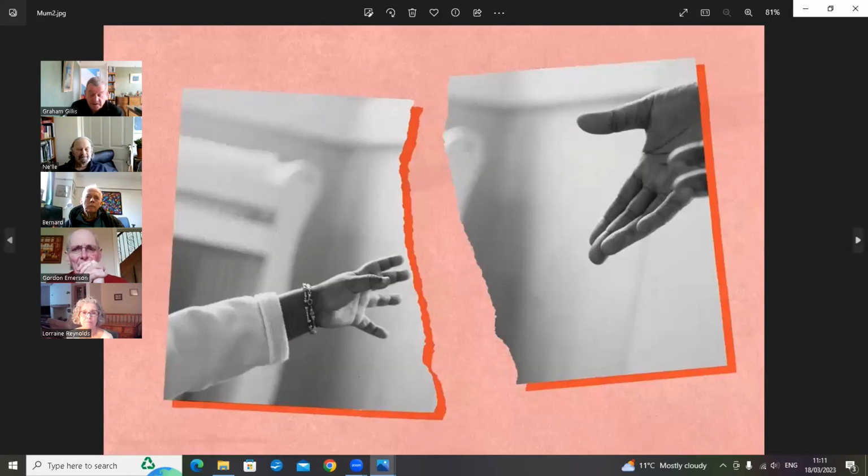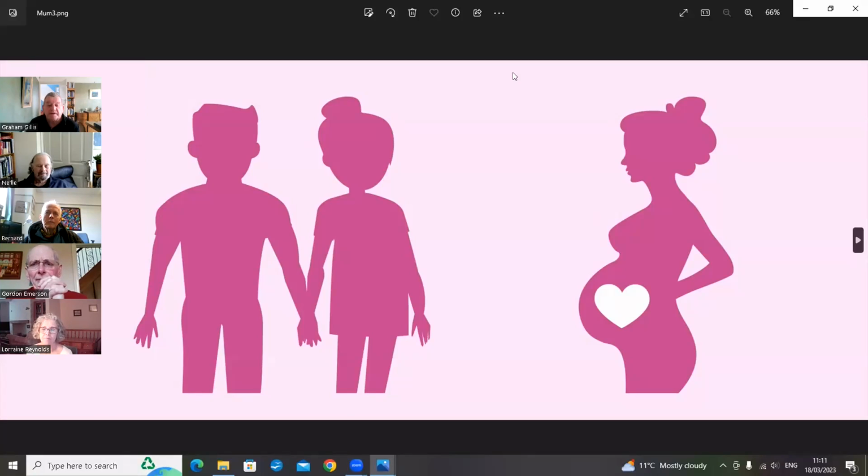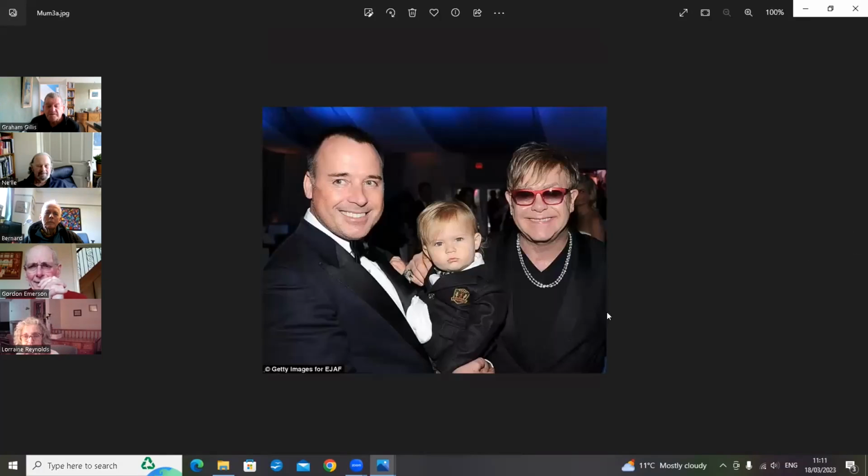Moving on. So, different kinds of motherhood. A biological mother speaks for itself. Surrogate, cute little picture. Egg planted elsewhere. And offspring of surrogate mother.